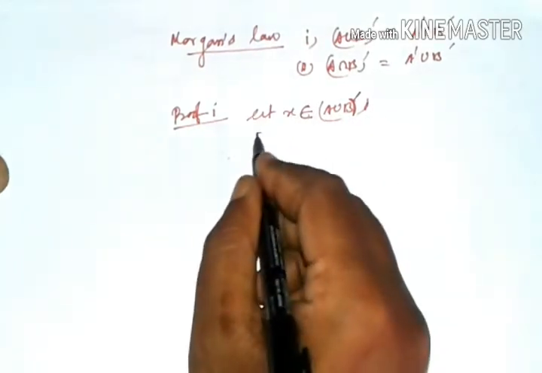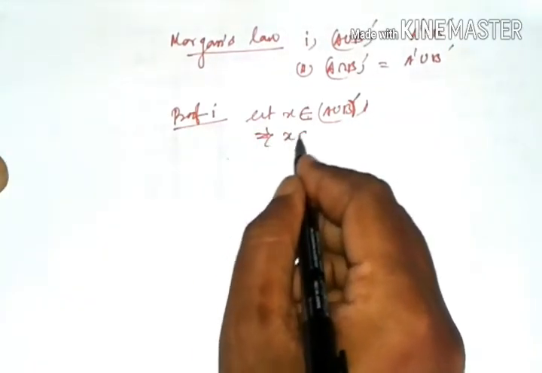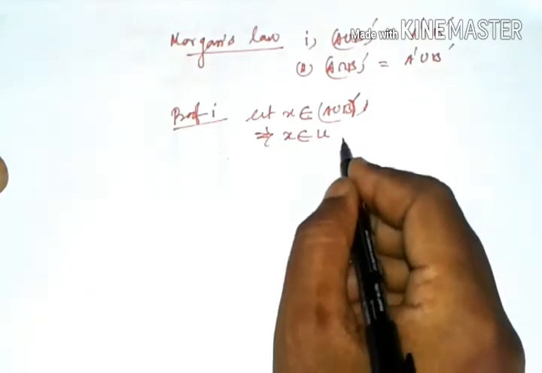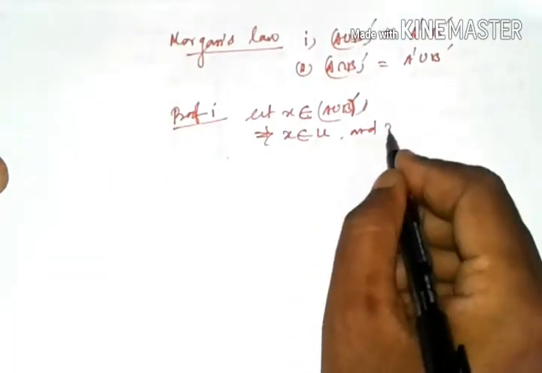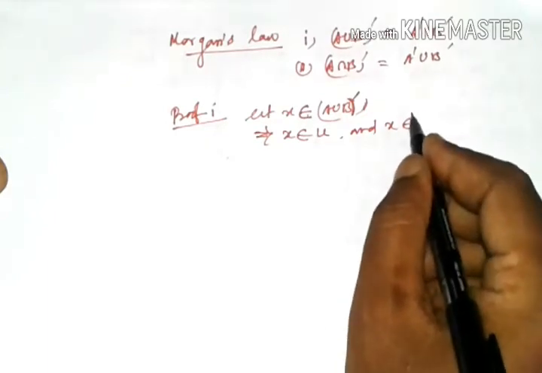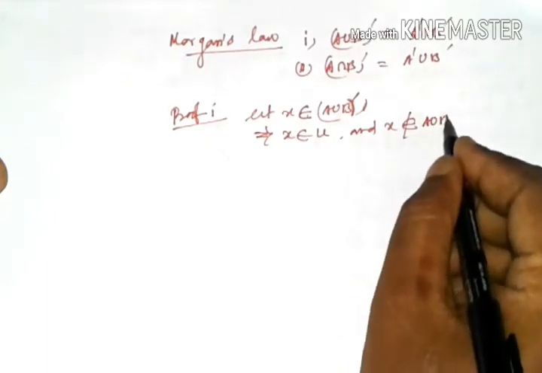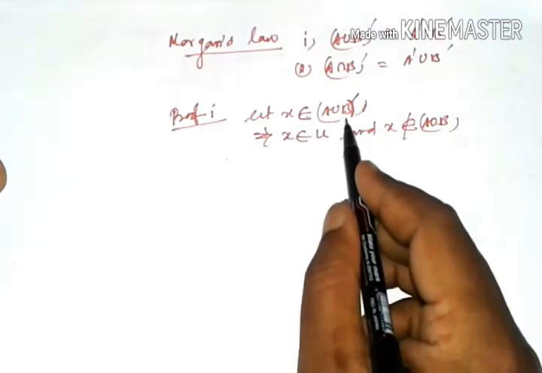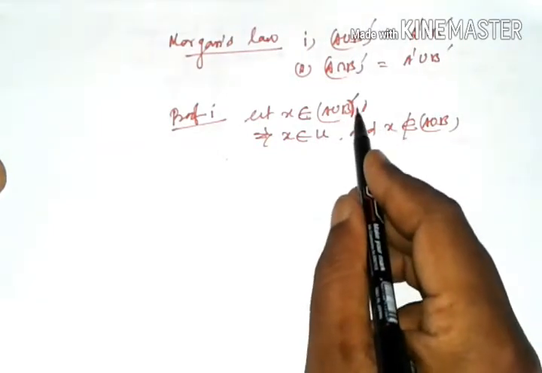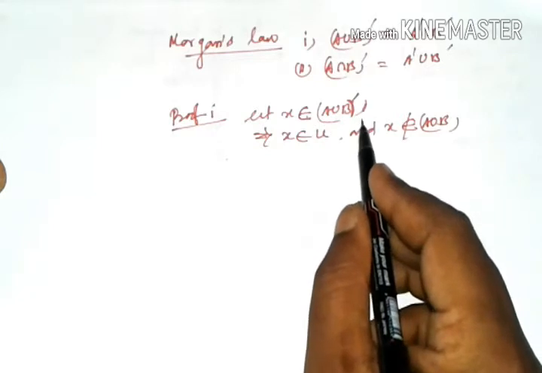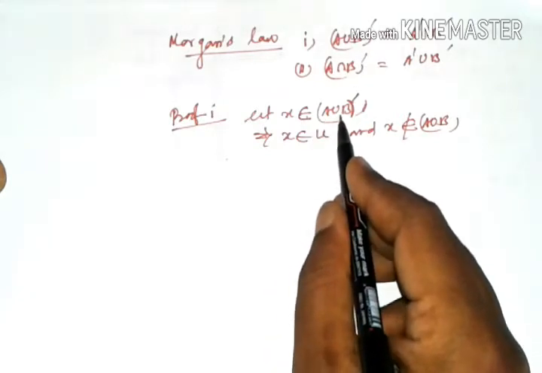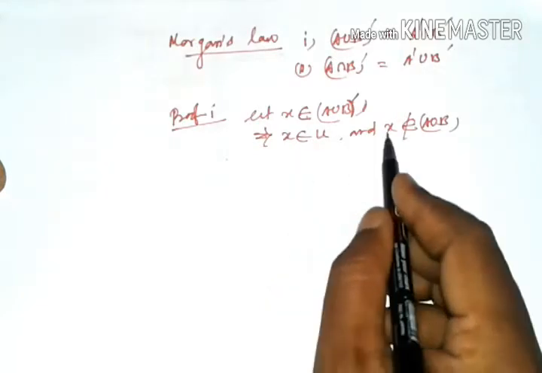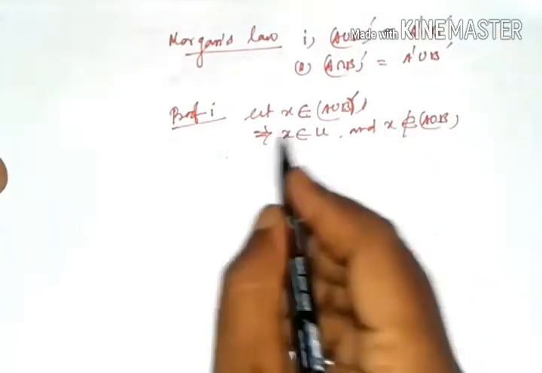This implies X belongs to U, where U means universal set, and X not belongs to A union B. It is according to the law of difference, by law of complements. X belongs to (A union B) dash means X belongs to U and X not belongs to A union B.